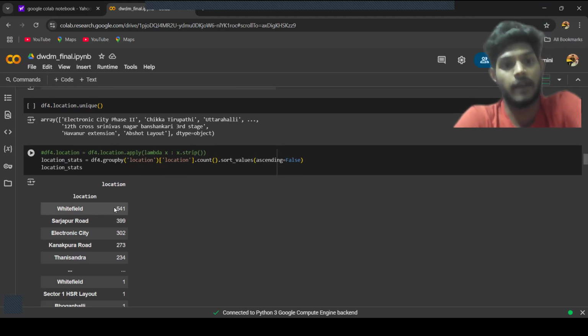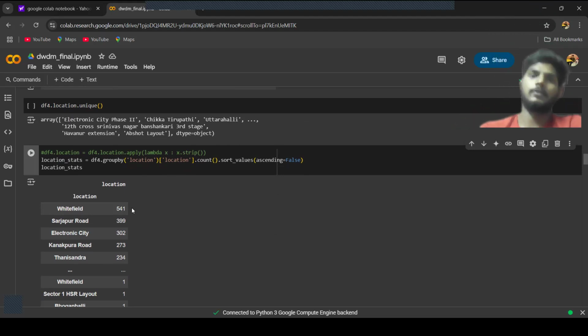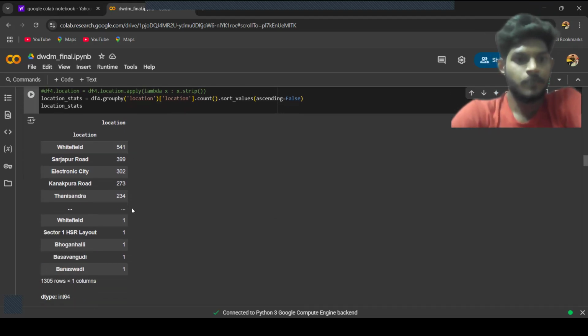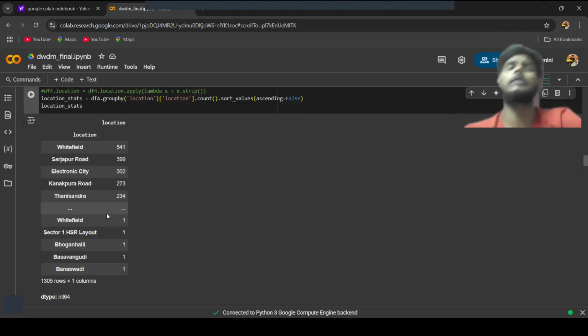Whitefield contains 541 count, that means it is more popular. That means it is having a high price in the market. And all these are not popular, that means we can remove them because we can add them into the others. That means they are completely outliers.